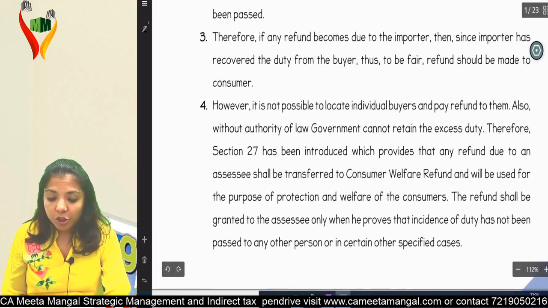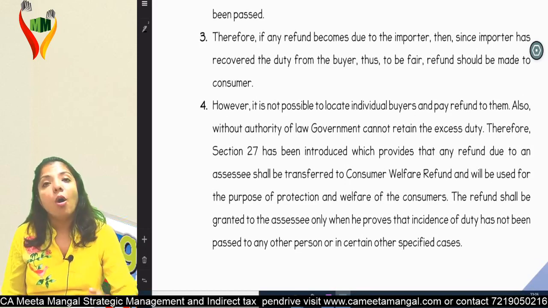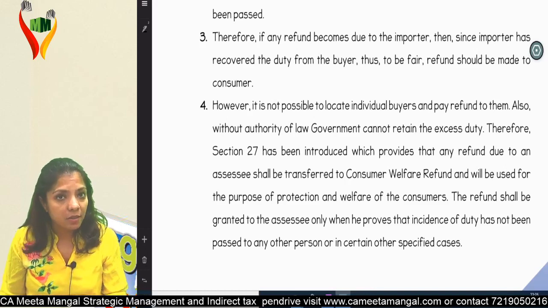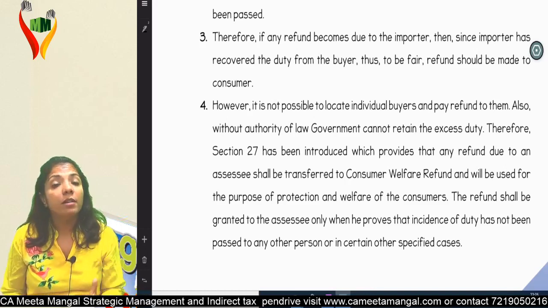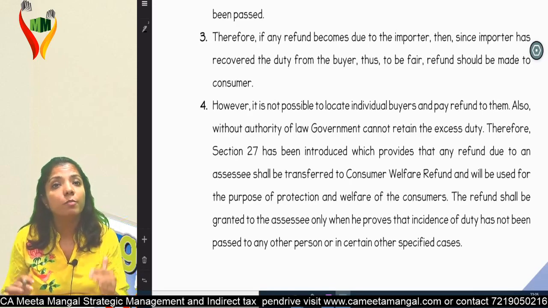The refund shall be granted to the assessee only when he proves that the incidence of duty has not been passed to any other person or in certain other specified cases. When you can prove that the burden is not shifted, only then you will get the money back, or else the money will go to the Consumer Welfare Fund.